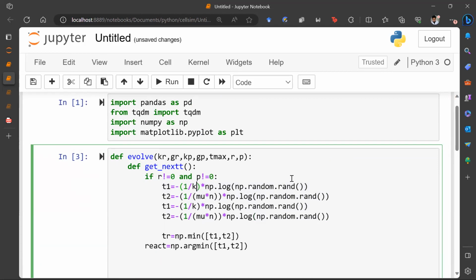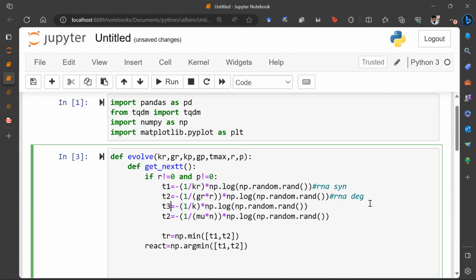Okay, T1 is gonna be the production of RNA. So this occurs at a rate Kr. So remember 1 over Kr times the natural logarithm of a random number between 0 and 1. The second one occurs at a rate gamma R times R and corresponds to the RNA degradation. And this one is RNA synthesis.